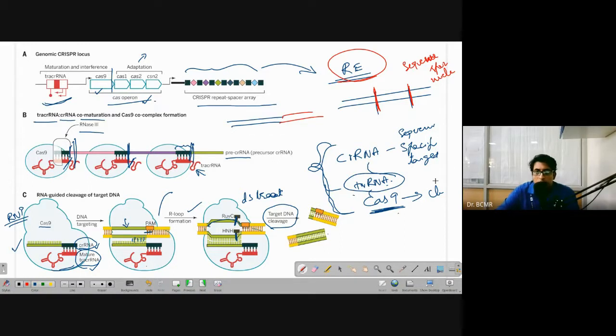The same thing, I guess you know that Charpentier and Doudna, professors, received the Nobel Prize for the discovery of CRISPR. So CRISPR is also similar, right? What did we say about restriction endonucleases? They are sequence-specific nucleases.